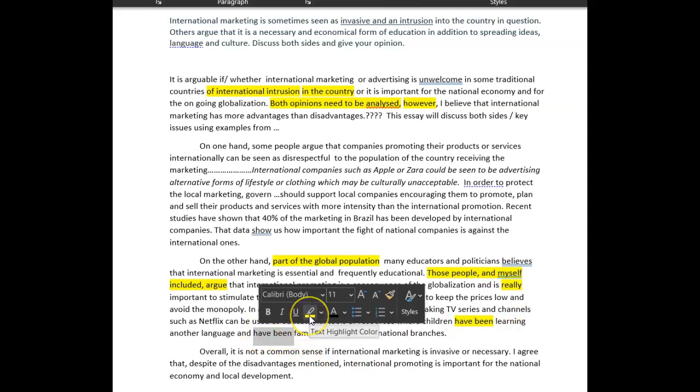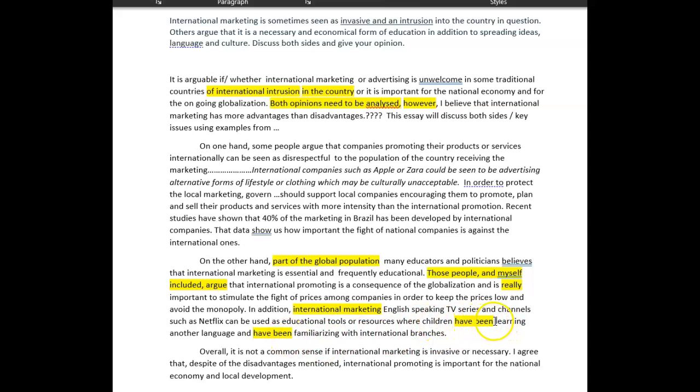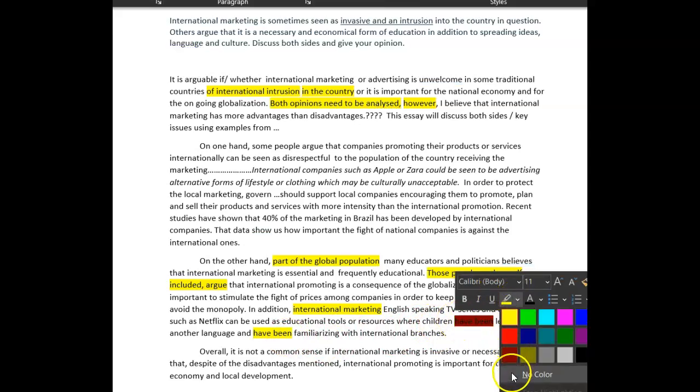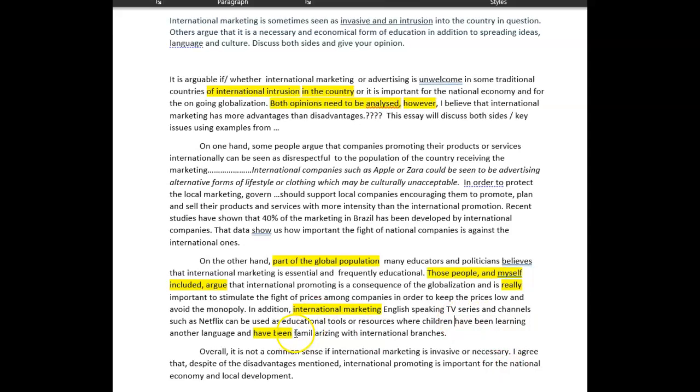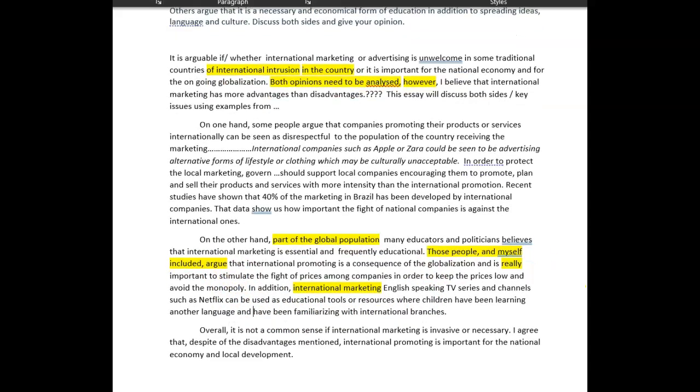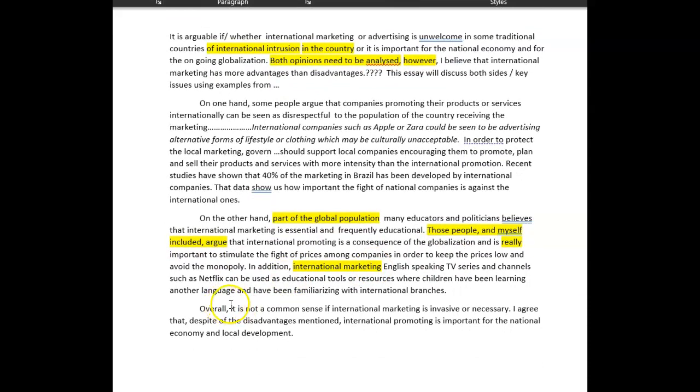So just present actually here, you don't need that. Or you could say have already been learning. Actually, yeah, because I like that use of tense. So okay, say have already been learning. Have already been learning and familiarizing themselves. Okay, yeah, nice idea. Just you can use real examples of real companies. It works better.